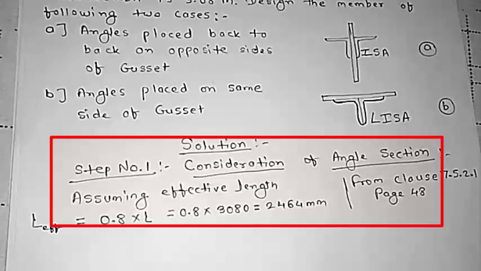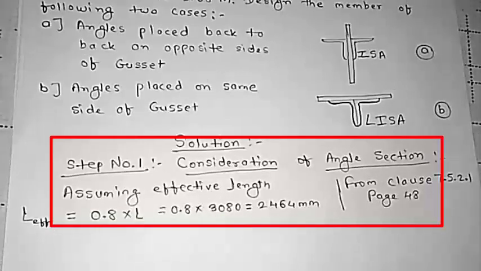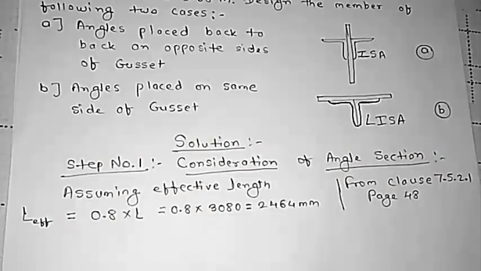Now we need to calculate the required area, how much area is needed for this load. So we can consider the design stress from table number 9, page number 42.